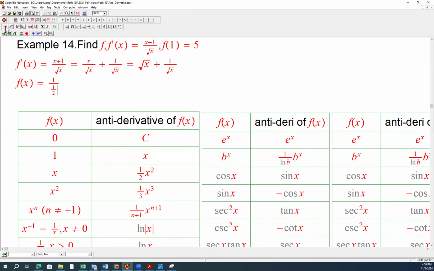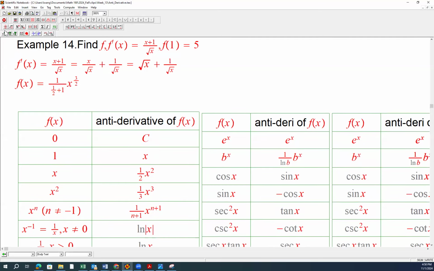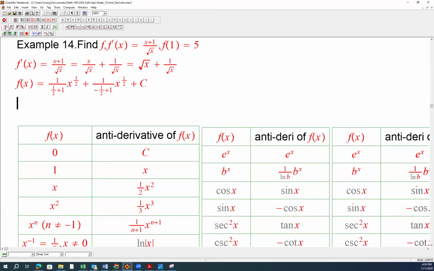So this is going to be x raised to the power of 3/2 plus, and this one is 1 over root x, so it's x raised to the power -1/2. So -1/2 plus 1, and this is x raised to the power of 1/2. And don't forget the constant. We just have one constant here.